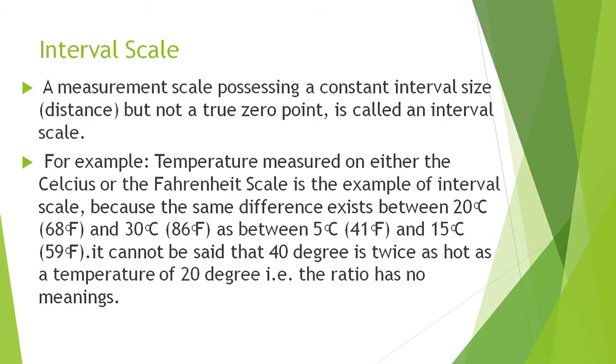The 0 Celsius shows a specific type of temperature. So this is the main difference, that the 0 is not showing its true value, but it is indicating something. So this is called the interval scale.